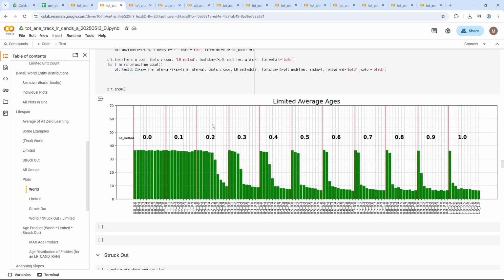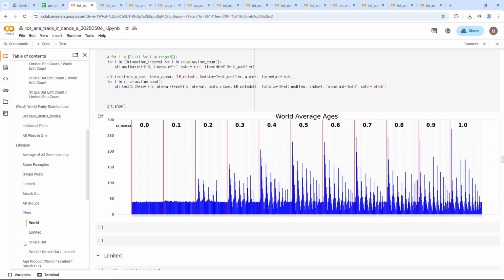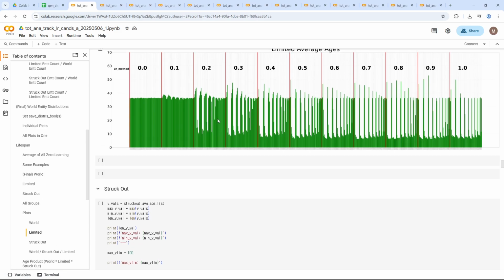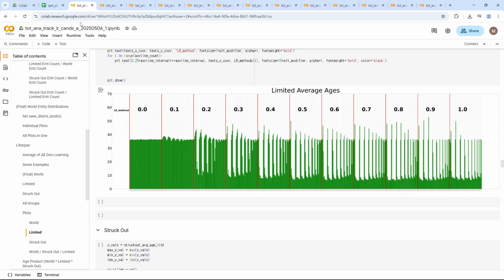And for the limited average ages, we have this. This is from the 0506_1. We have this between 40 and 30, about 36, so we have this plateau. I don't know if I could actually call that a plateau.